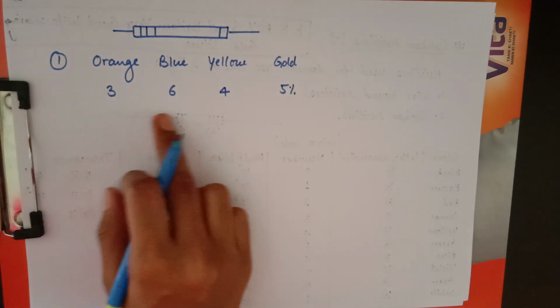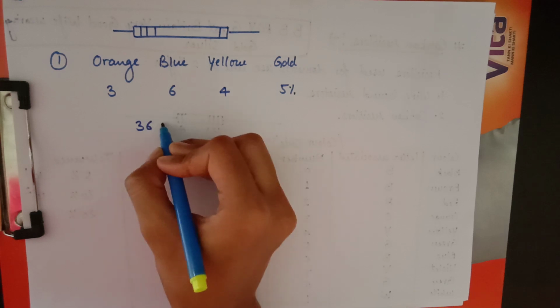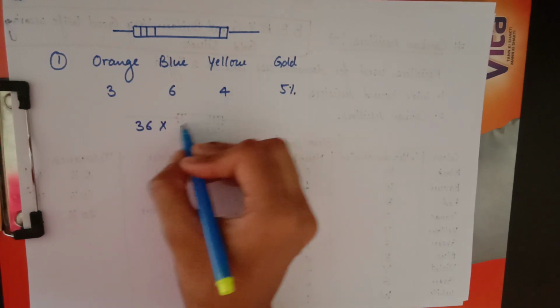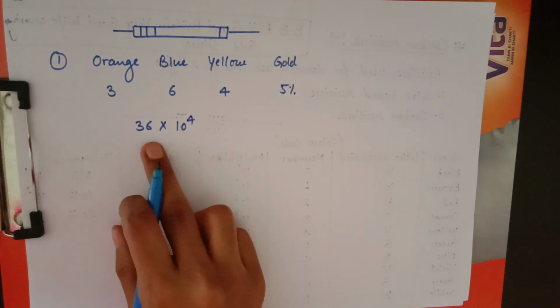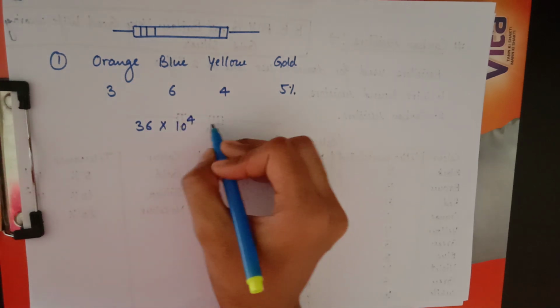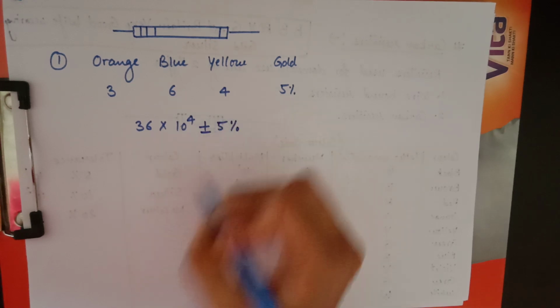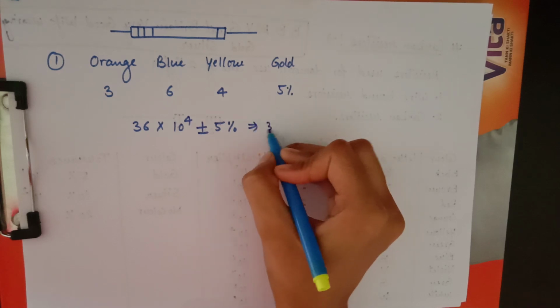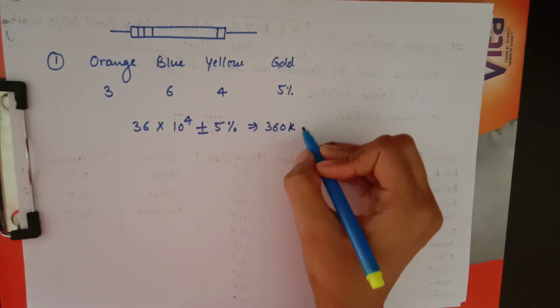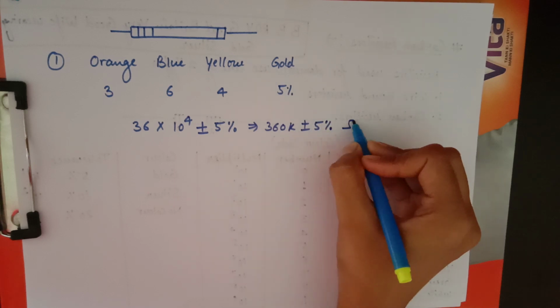So to calculate the value of resistance, we will write it as 36 into, this will go in power multiplier, 36 into 10 raised to power 4, and this is plus minus 5%. So I can write it as 360K plus minus 5% ohm.